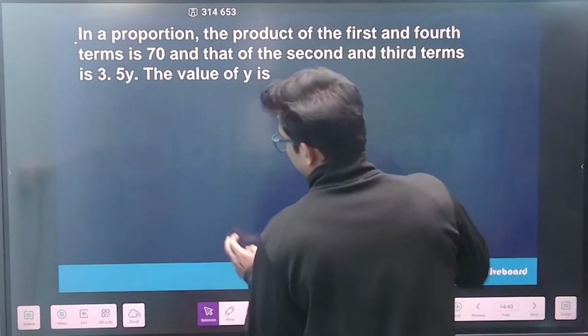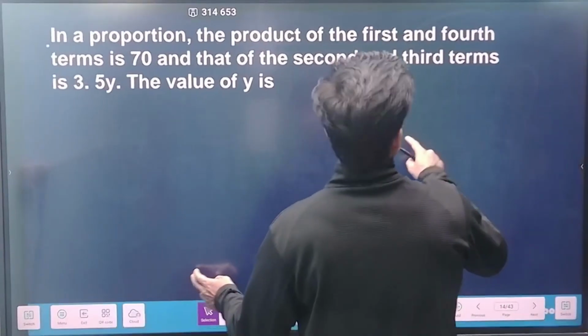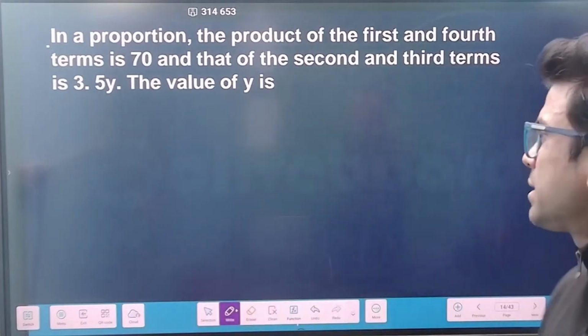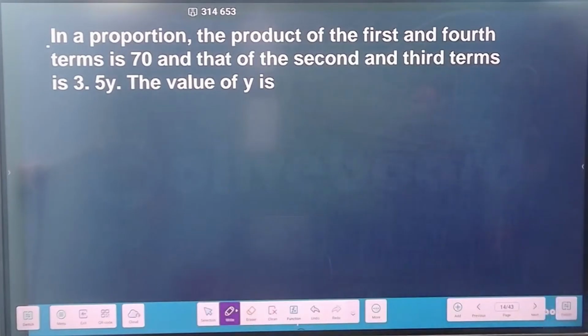Now we have one question. Try doing it. In a proportion, the product of first and fourth term is 70. Try to get what they are saying.